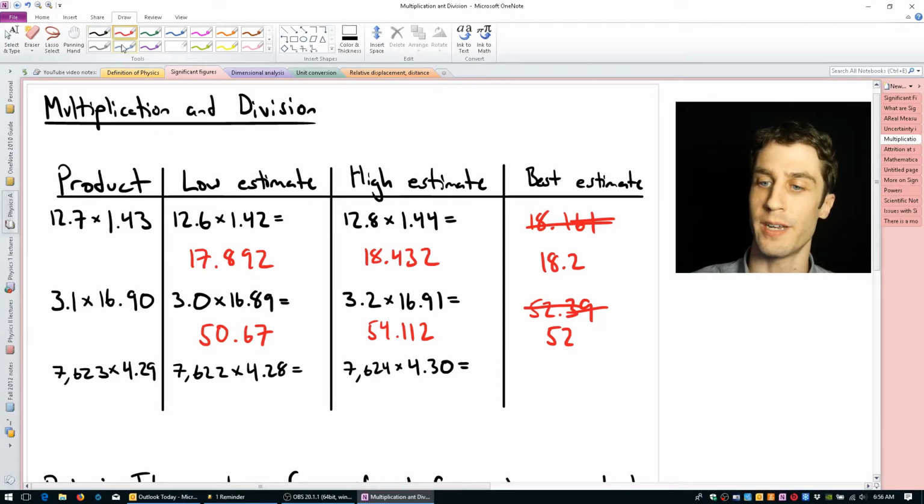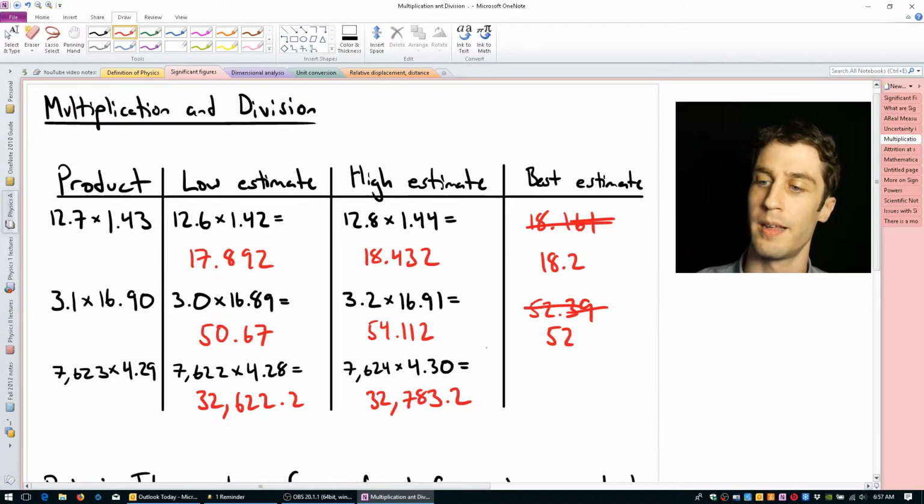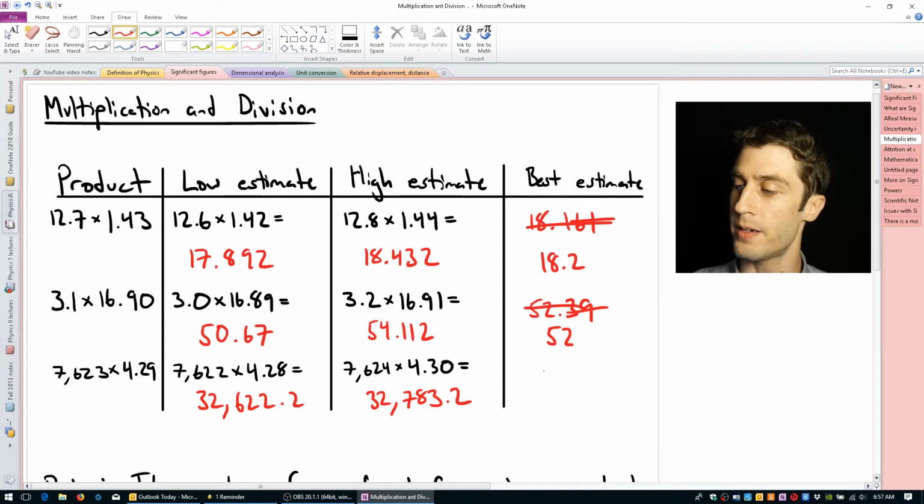7,623 times 4.29. Well, that could be as low as 7,622 times 4.28. And I get 32,622.2. If we round those last digits up, we get 32,783.2. And if we multiply these two numbers together directly, as we would like to do, we get 32,702.7.